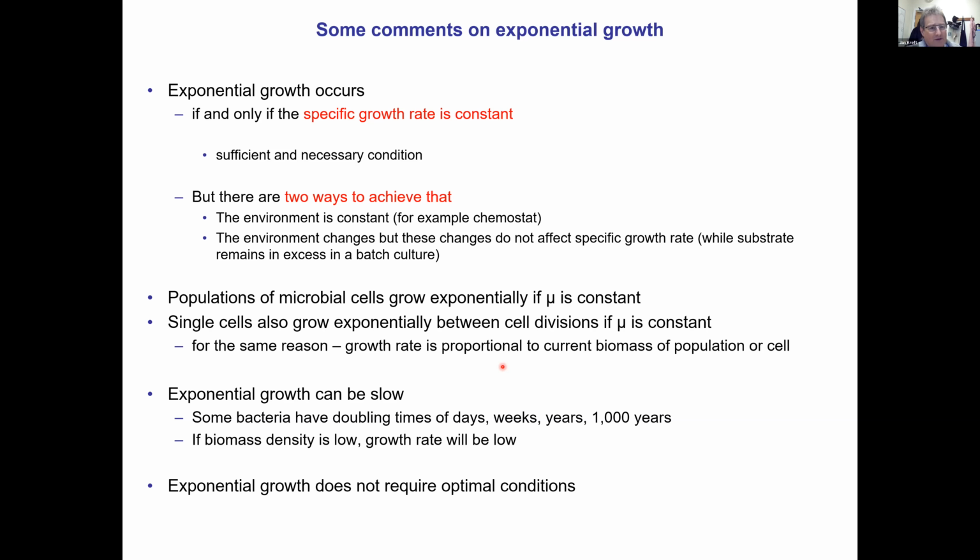Also, an important thing to remember is exponential growth does not require optimal conditions. You can get exponential growth at low temperatures or low nutrient conditions. It isn't necessarily fast, but it may nevertheless be exponential growth, because that depends on whether the specific growth rate doesn't change, and it doesn't depend on how large or small the specific growth rate is.